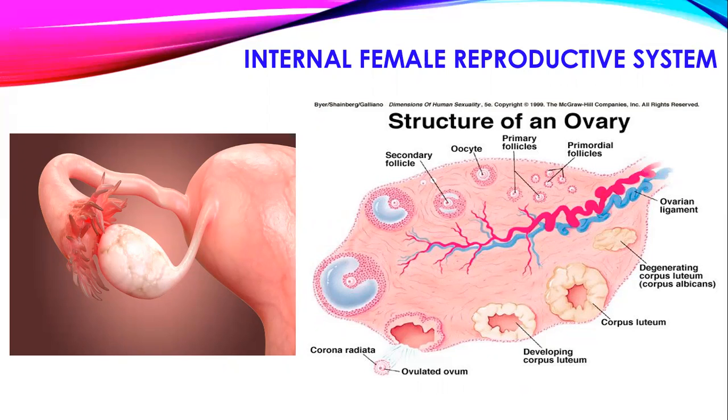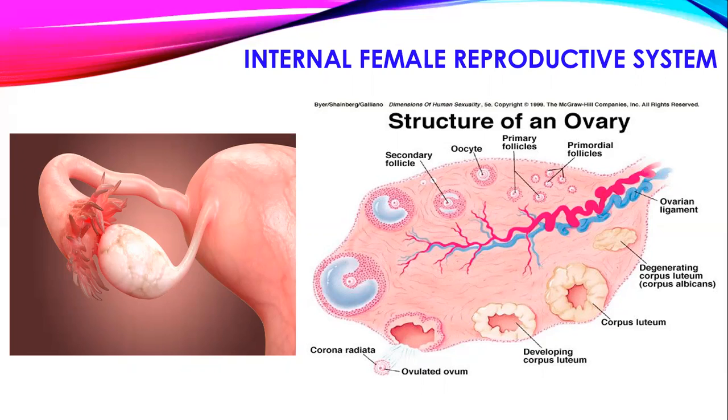Because there is no direct connection between the infundibulum and the ovary, the oocyte enters the peritoneal cavity before it enters the fallopian tube. At the time of ovulation, the fimbriae increase their activity and create currents in the peritoneal fluid that help propel the oocyte into the fallopian tube.